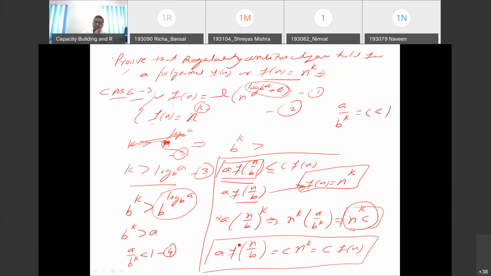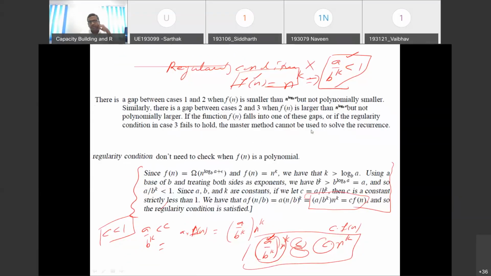So what we concluded is that if f of n is a polynomial function, then there is no need to check the regularity condition. It will always hold. Fine. Just take 2 minutes to forward. So till now we proved that we are not going to check the regularity condition if f of n is polynomial in nature.